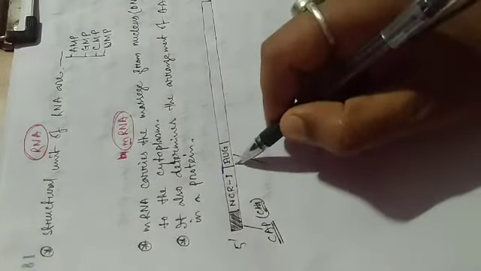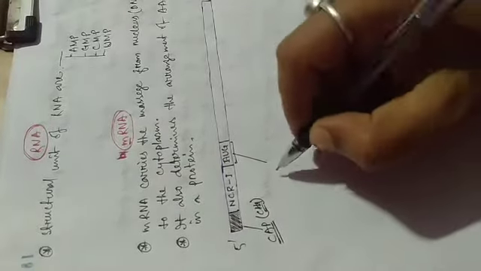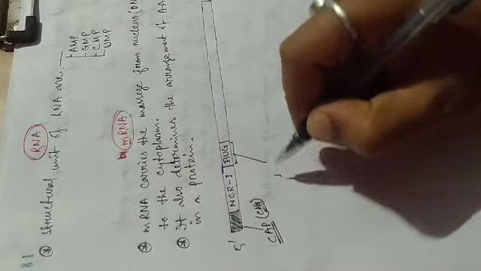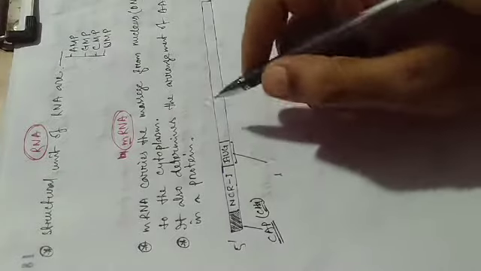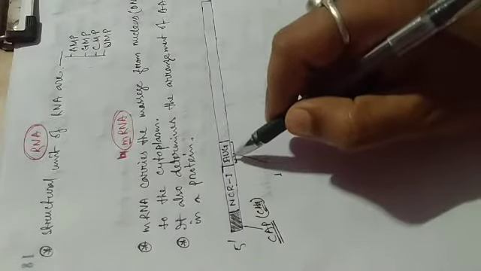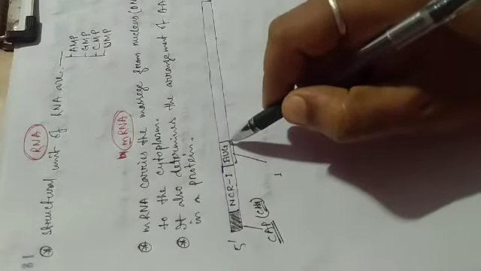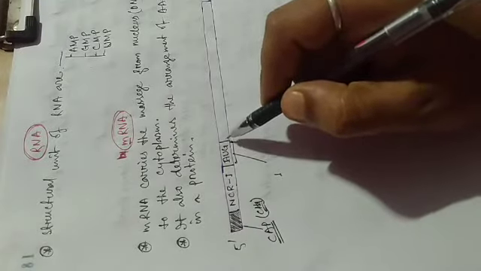This portion is called the initiator or initiation part. From that codon, what is a codon? A codon is the arrangement of 3 nitrogen bases on an mRNA.